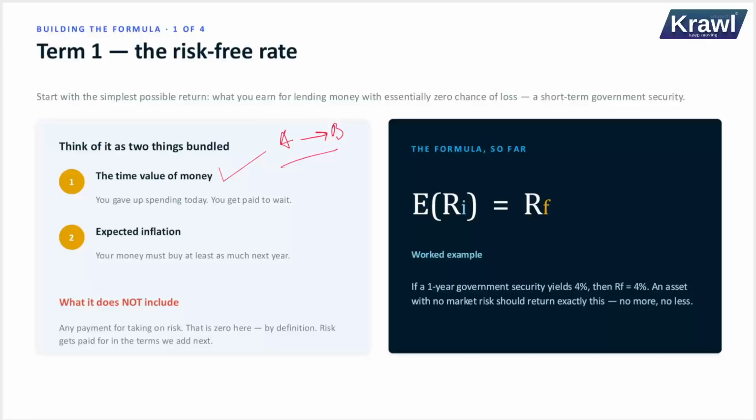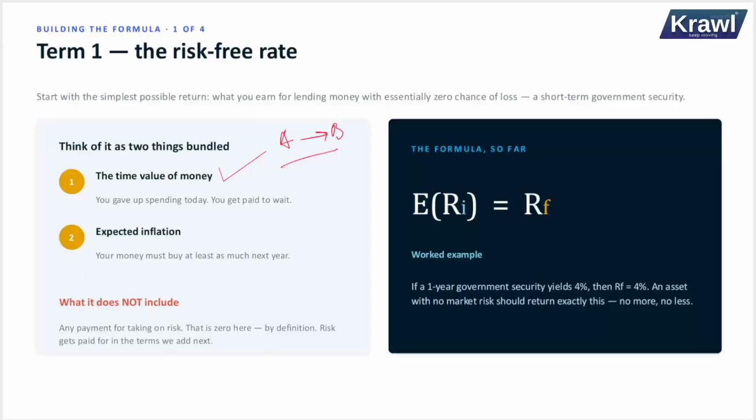So even if it's a safe investment, there are two items on which you require return. One is your time value of money, and second is your expected inflation. And you need to put a number on it. Say a 1 year government bond yields 4%, then your risk-free rate is 4%.